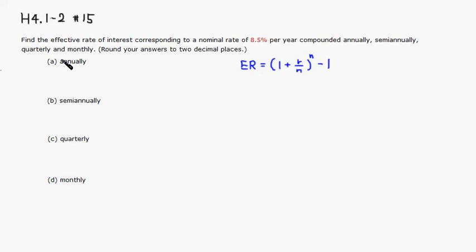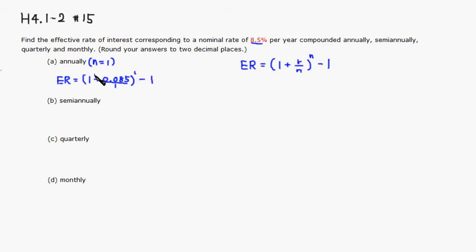So if it's annually, which means that N equals 1, then the effective rate is actually the same as the nominal rate, but let's just compute it. You see that it's going to be the quantity 1 plus the annual nominal rate, which is 8.5%, in decimal 0.085, divided by 1, raised to the first power, minus 1.